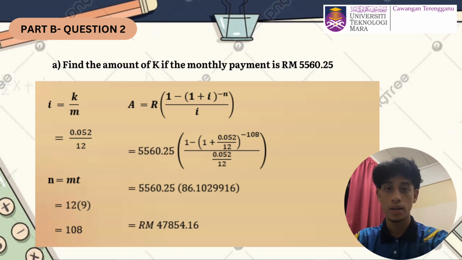So i is 0.052 per 12. t is the loan term in years, which is 9, and lastly, n is the total number of payments. To find n is m times t, so n equals 108.